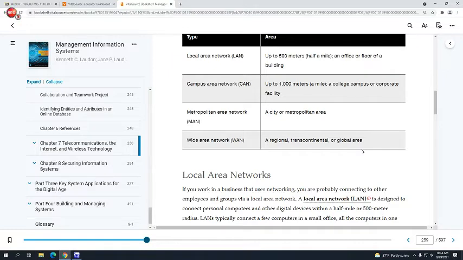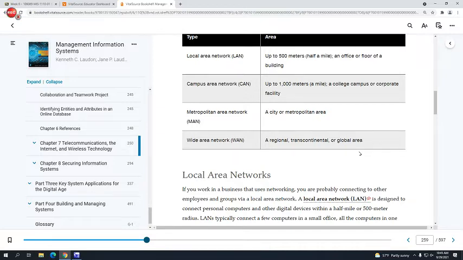Easiest way to look at it is that we have a local area network, which is basically the Northwood campus. All these computers are connected together somehow. We actually go a little further because it says up to 1,000 meters. We're actually more or less a campus area network, and the reason I say that is because our servers are actually out on Saginaw Road, Saginaw and Eastman Road, a different building altogether.